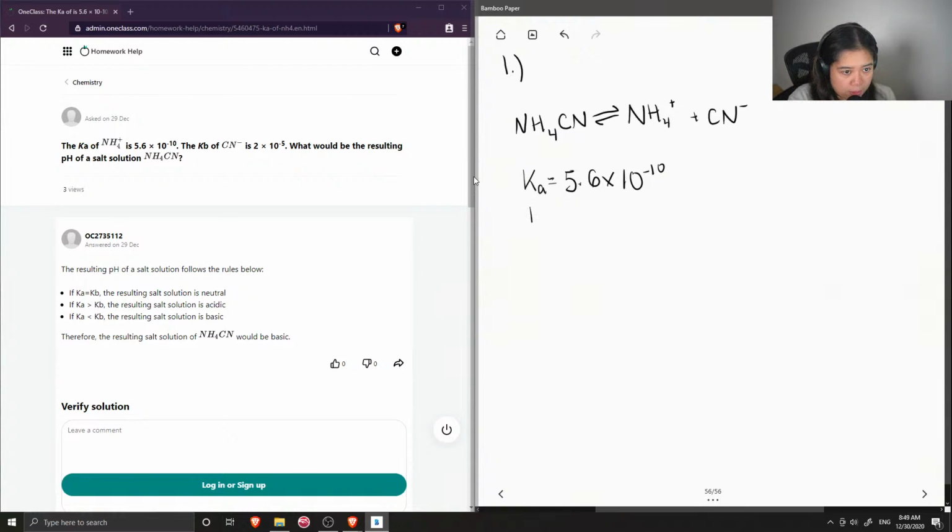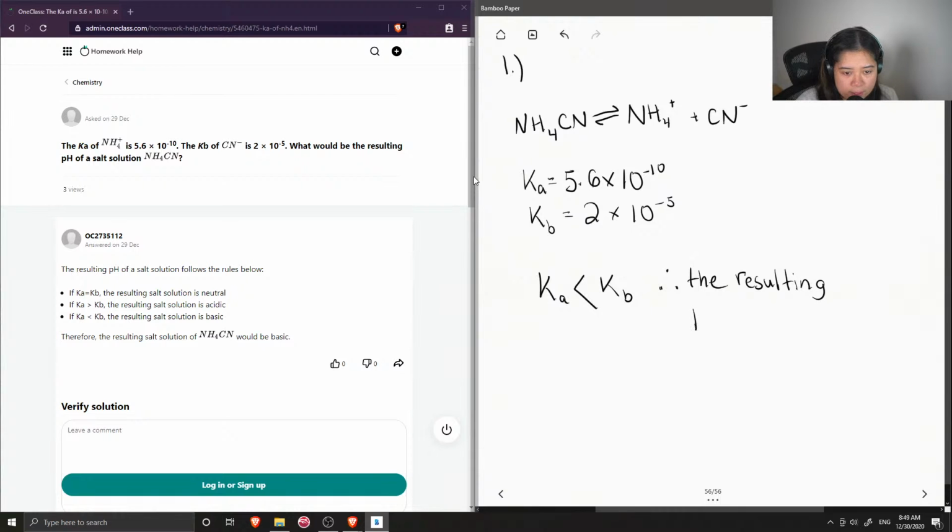And the Kb is 2 times 10 to the negative 5. So if we look at our two values, then we notice that Ka is smaller than Kb. So therefore, the resulting pH would be basic.